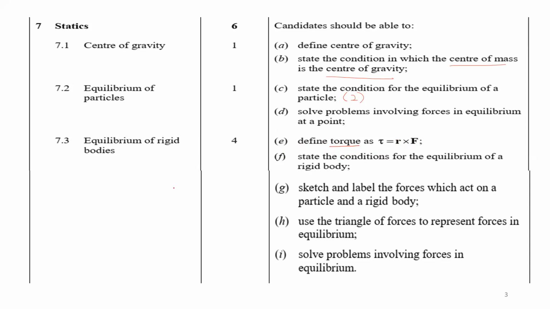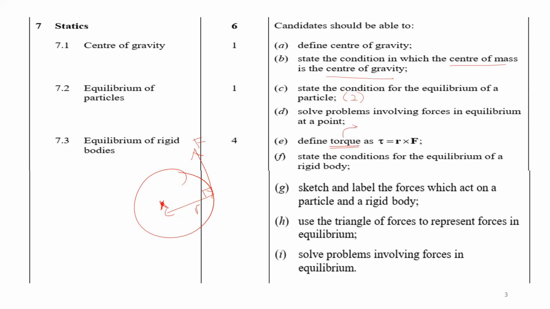For example, if I have an object, this is the point where it is pivoted, and at one end I apply a force to cause it to rotate. The perpendicular distance between the force applied and the point where it is pivoted is R. If the force and the distance are perpendicular to each other, then I can just take R multiplied by the force. That gives me the torque.